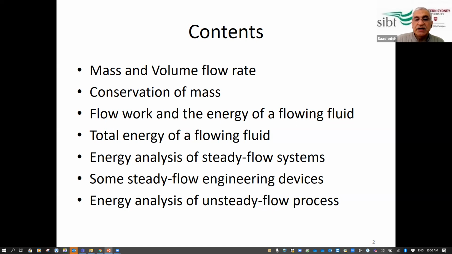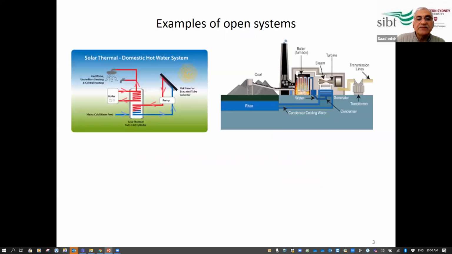And also we will talk about the energy analysis of a system. What do we mean by the flow work, or the energy of the flowing fluid? And also we will talk about energy analysis of any steady flow process. These are the major topics that we're going to focus on today.